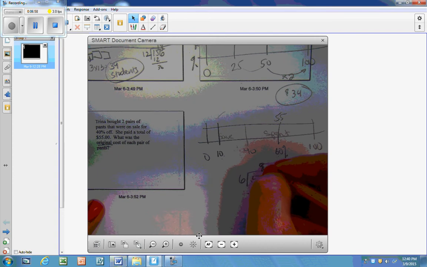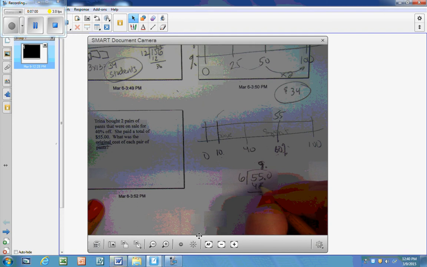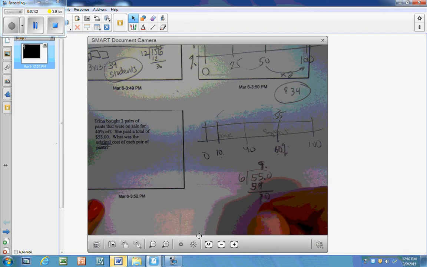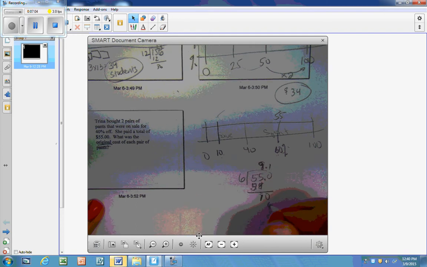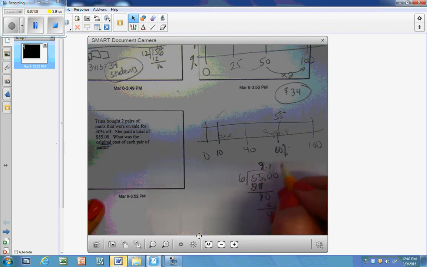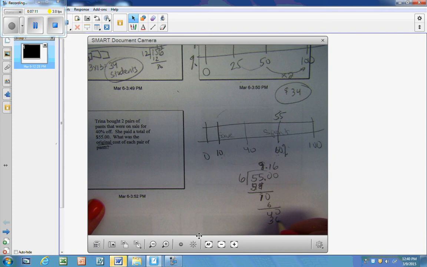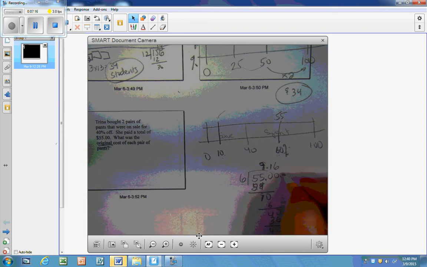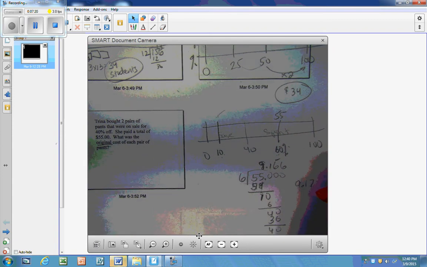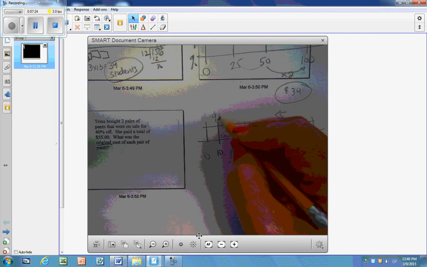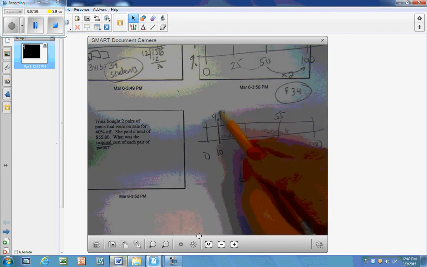Whoops, 9 times 6 is 54. It looks like it's going to be a repeating decimal. It's not going to come out so well. Well, that would round to $9.17. So the $9.17 would be the 10% number.